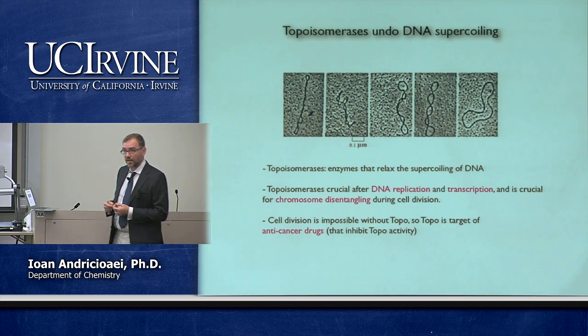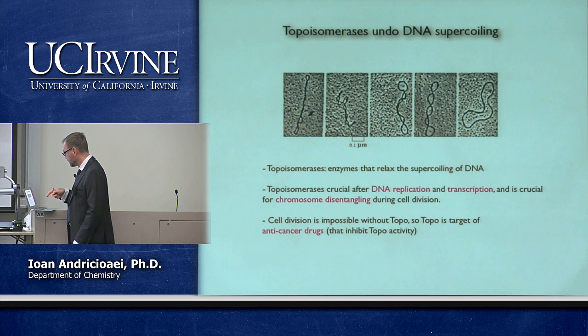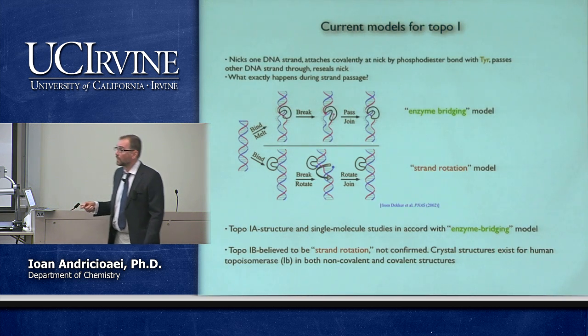But if you nick DNA, so imagine that you come with scissors and you nick not both, but one of the strands of the rubber bands, what will happen with the nicked strand is that it will rotate around the other and it will release supercoils. Well, that's exactly what topoisomerases do.